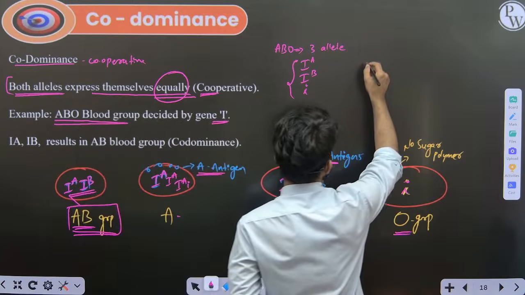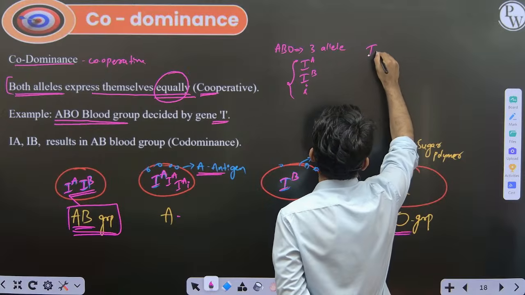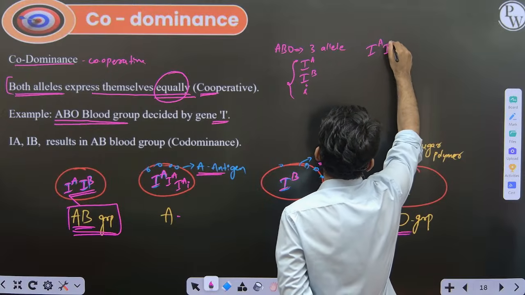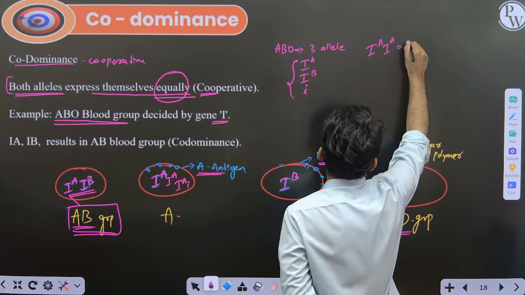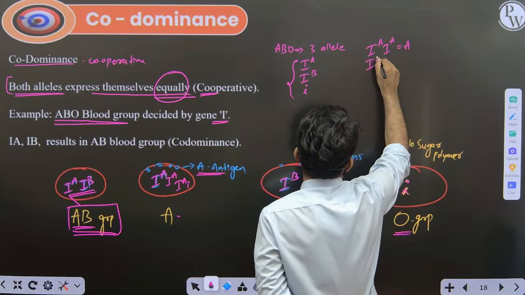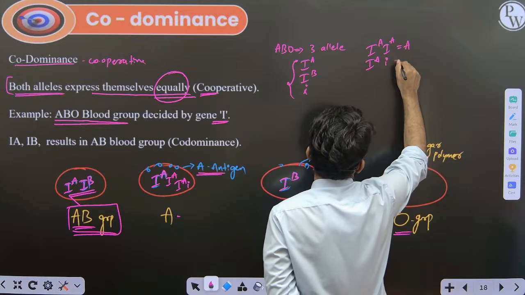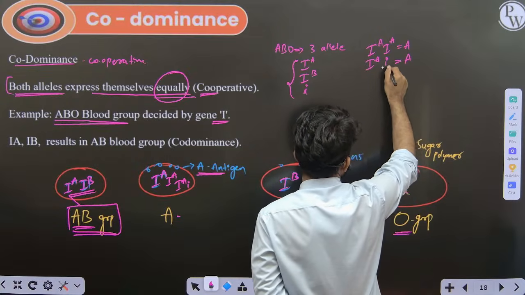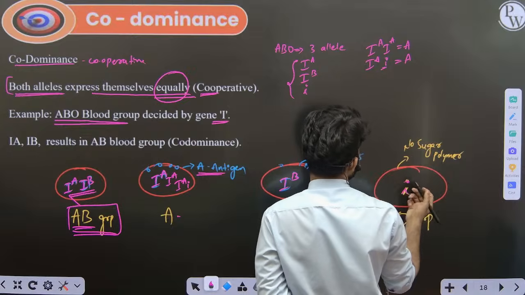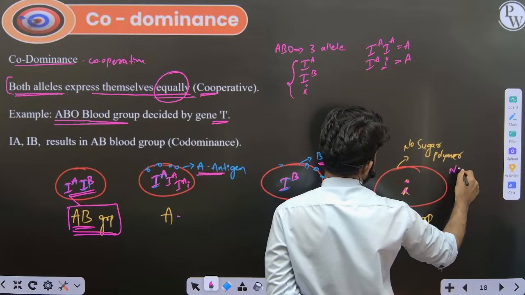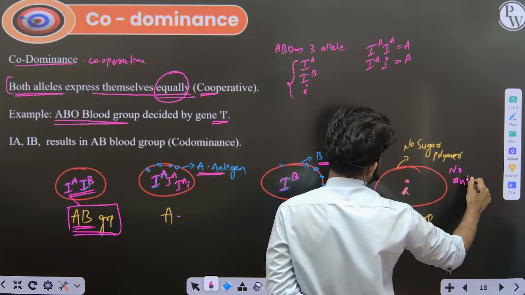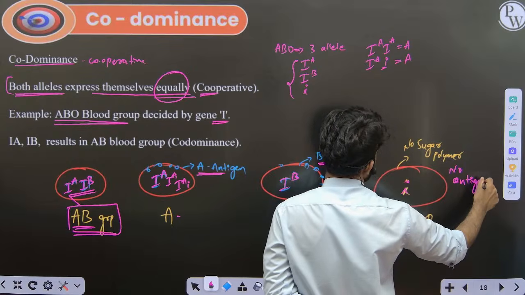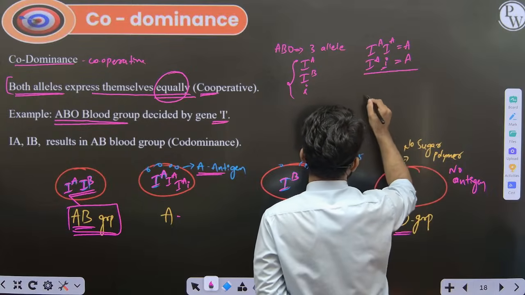Here I will write all those possibilities: blood group A has IA and IA, or IA with the allele having no antigen. These are for A blood group.